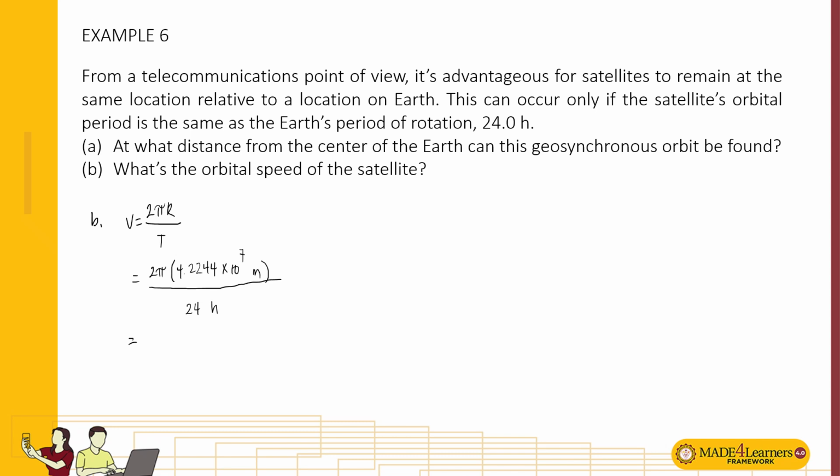That's 1.1059 times 10 to the power of 7 meters per hour. So this is the orbital speed of the satellite.